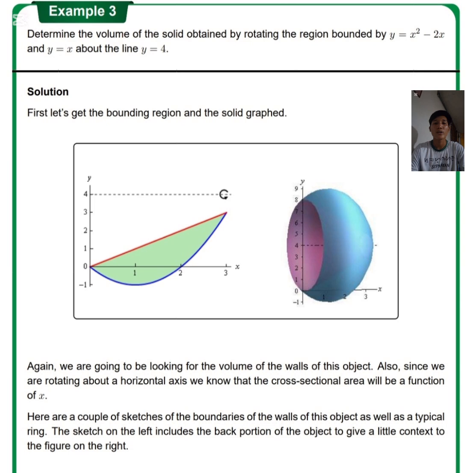Again, we are going to be looking for the volume of the walls of this object. Also, since we are rotating about a horizontal axis, we know that the cross-sectional area will be a function of x.